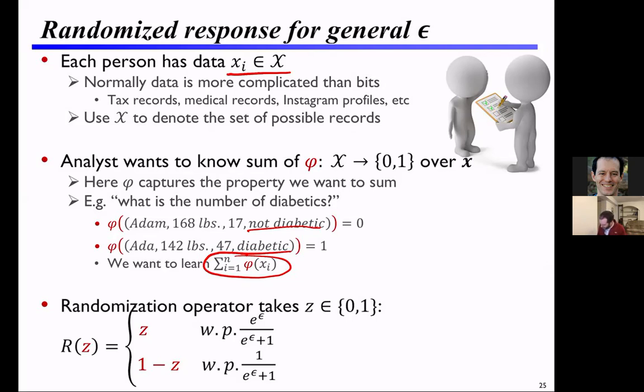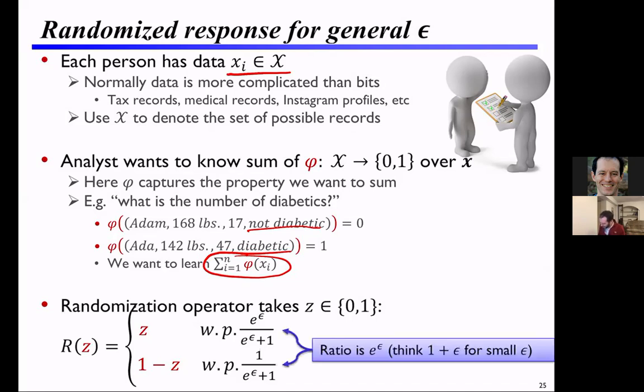These two values are chosen exactly so that their ratio is e to the epsilon. So these are just two numbers that add to 1 and whose ratio is e to the epsilon. You can check for yourself that they add to 1.